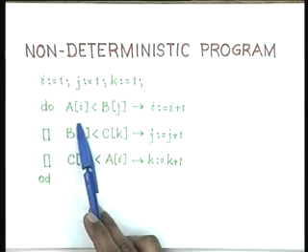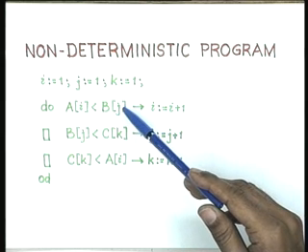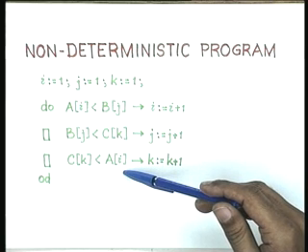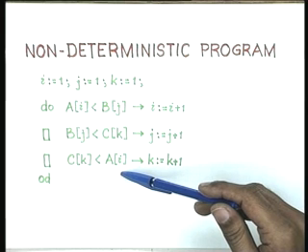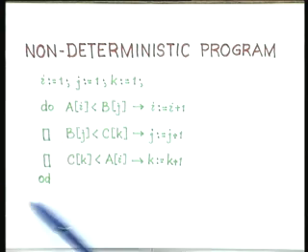Right. So, there are three conditions. That outermost complicated condition is not necessary, because if all these three conditions are false, it means that ai is greater than or equal to bj is greater than or equal to ck is greater than or equal to ai, and therefore, they are all equal, right. I mean, when does the loop exit?